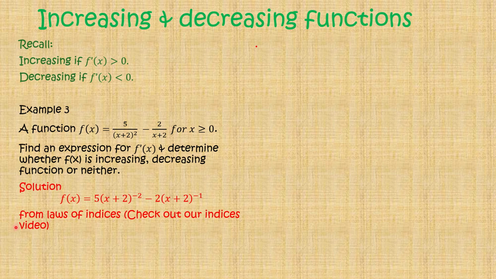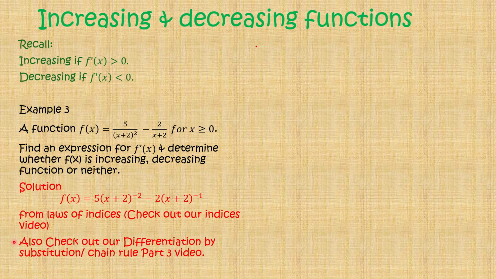This comes from the laws of indices. And I encourage you to check the indices video out. And also, make sure to check out our differentiation by substitution and chain rule part 3, because that is what we are going to apply in differentiating f of x.